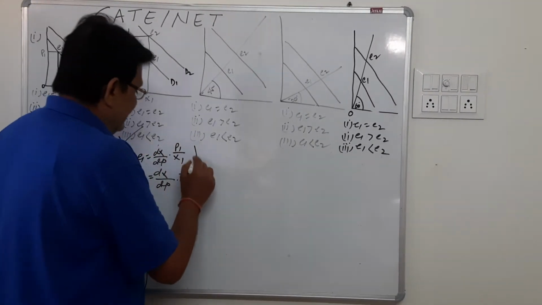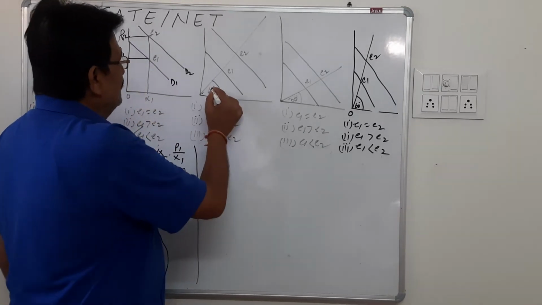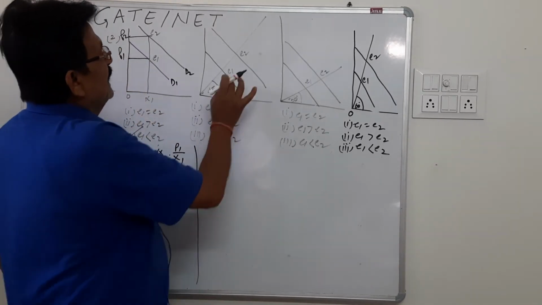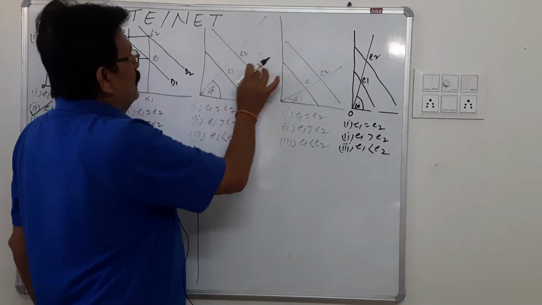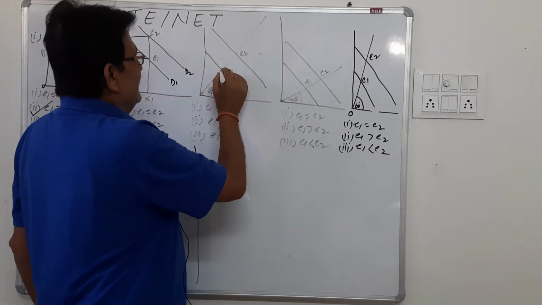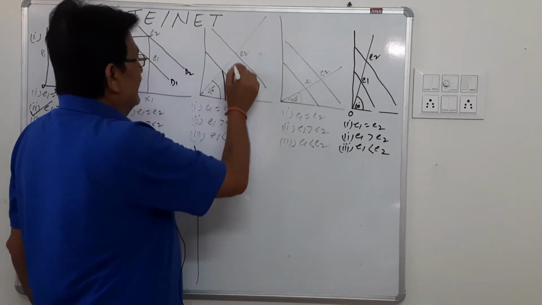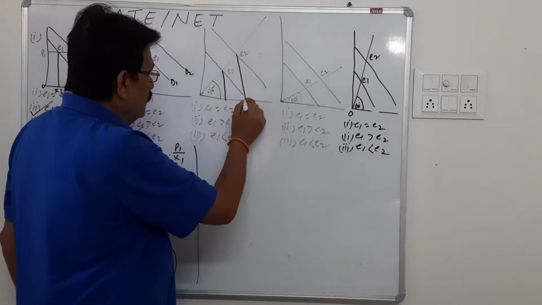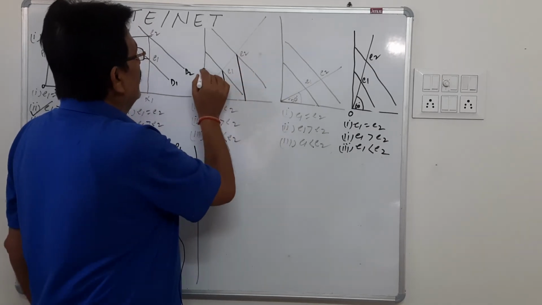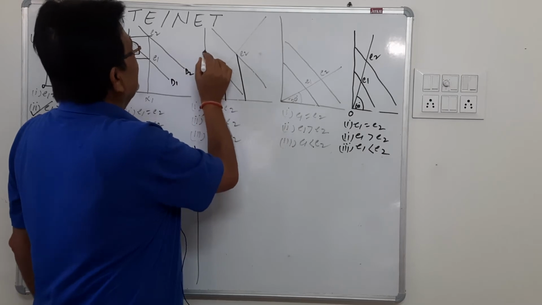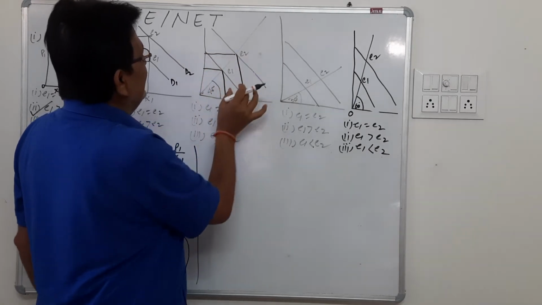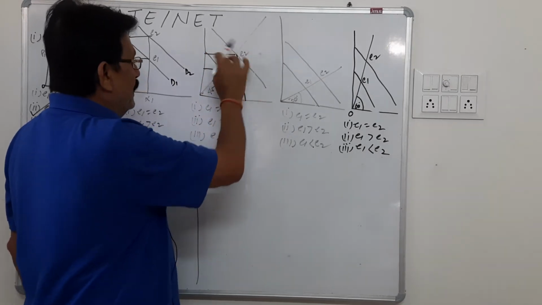Now in this case, it is a 45-degree line. At E1 and E2, the slope of the demand curve is constant. Since it is a 45-degree line, when we move from E1 to E2, the proportionate change in price and the proportionate change in demand are both equal.